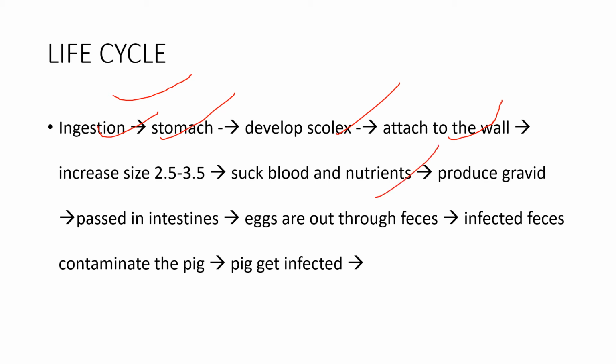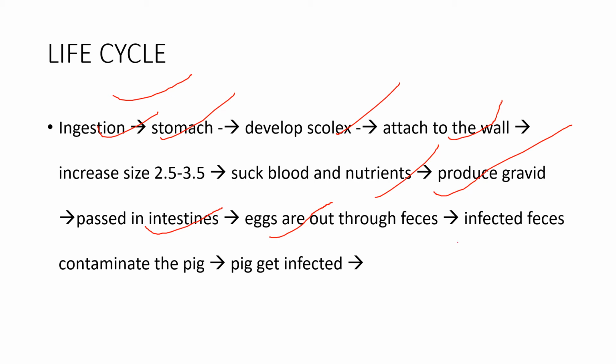Okay, and after that they become gravid. Gravid means, as I told you, they are capable of producing the egg. Once they are capable of producing the egg, they migrate into the intestine. Then the egg is produced, and this egg is passed out from our body along with the fecal matter.